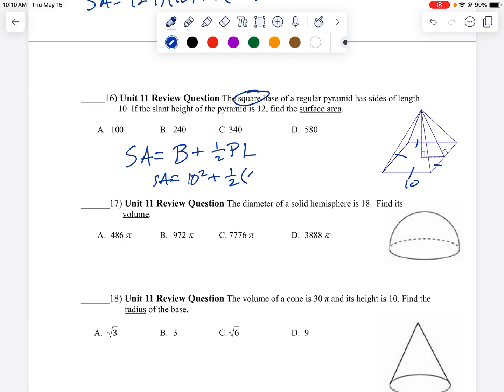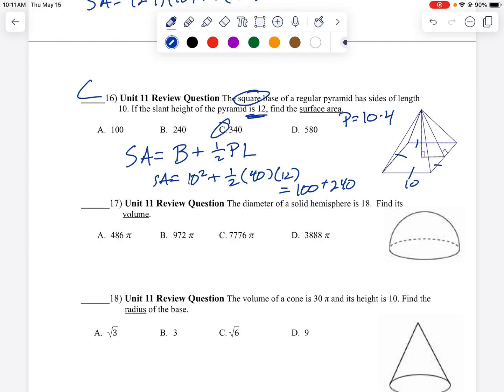Perimeter of the base is 10 times 4, so 40. And then the slant height they give you, actually, that's really nice of those teachers that you have, is 12. So that's 100 plus 240 gives me C, 340.